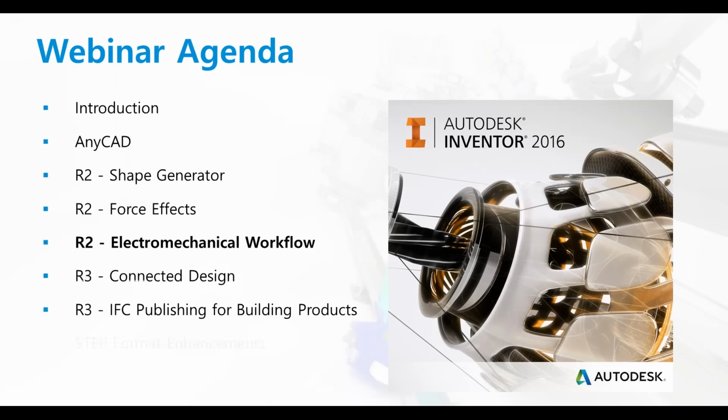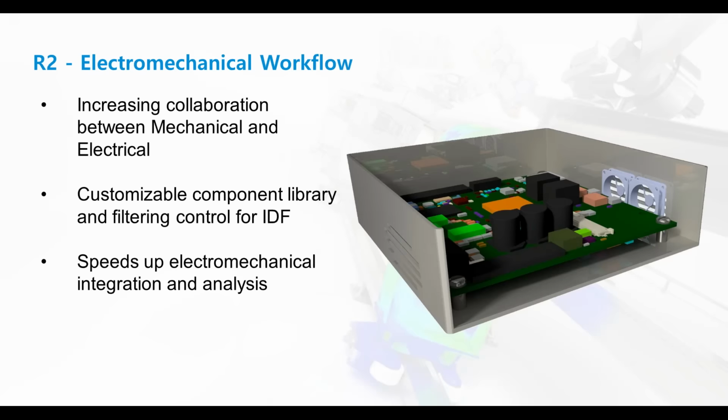All right, so now we're going to go over the electromechanical workflow. The electromechanical workflow allows you to bring in IDF files, so you can, say, populate a cabinet. We also have a customizable component library. What we provide is a library template, so you can create your own custom library and populate it with your IDF components.